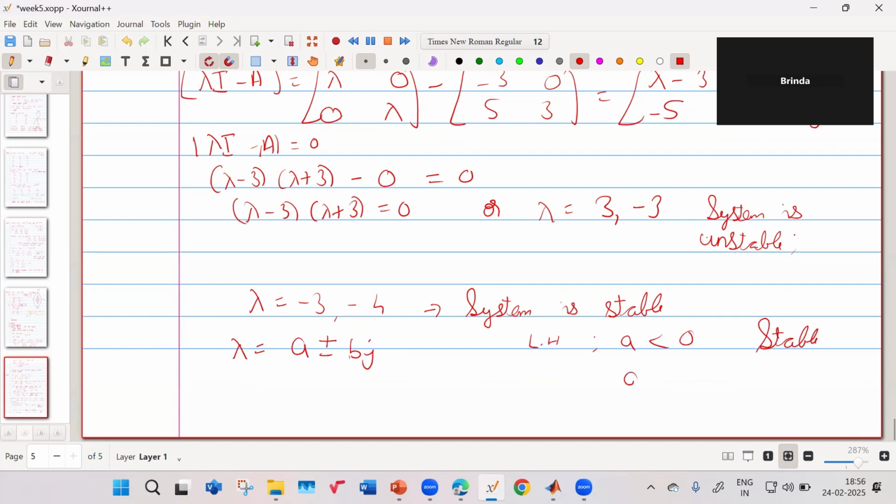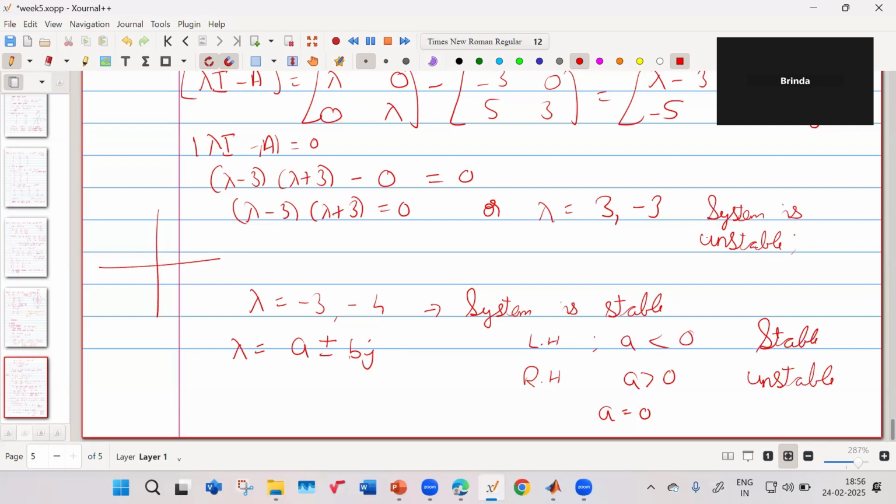Okay, if your A is greater than 0, that is the right half, then we say that the system is unstable, right? Yes. Okay. What do we say when A is equal to 0? What happens then? Because if you remember, this is your x-axis, this is your s-plane.